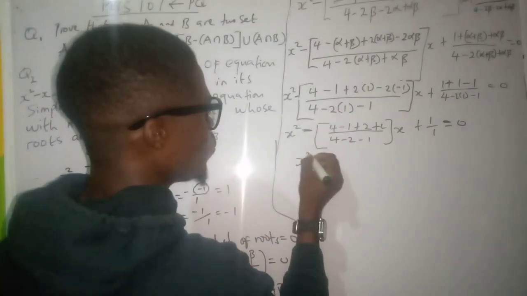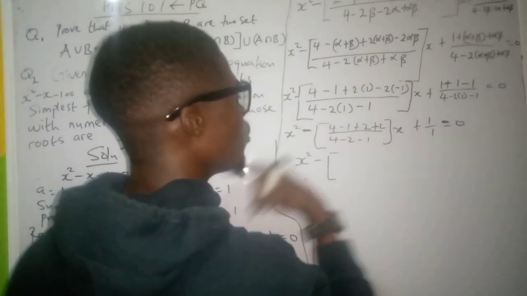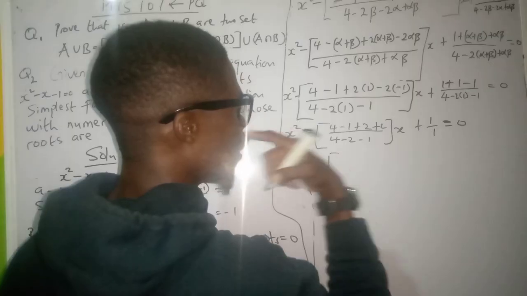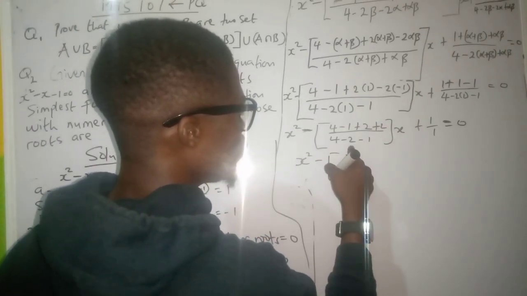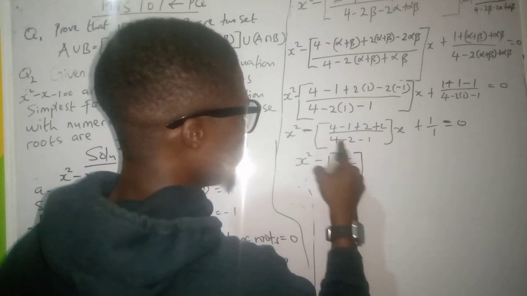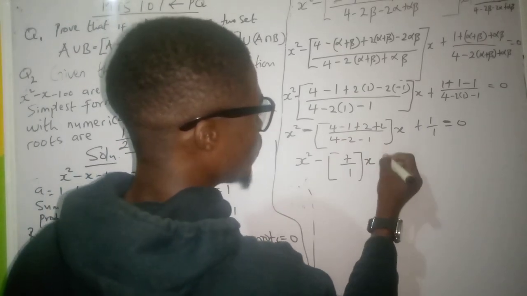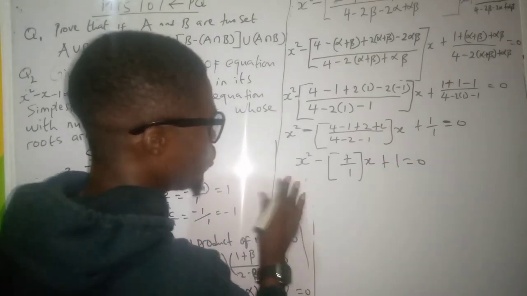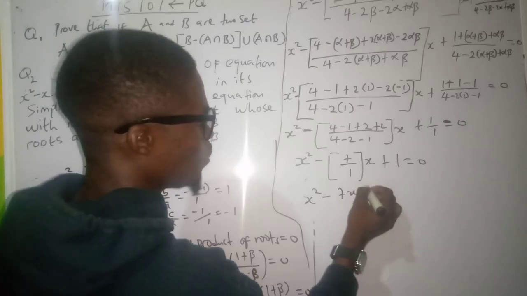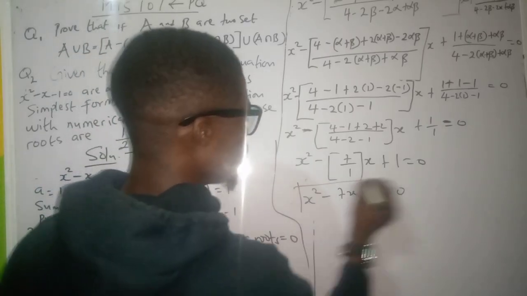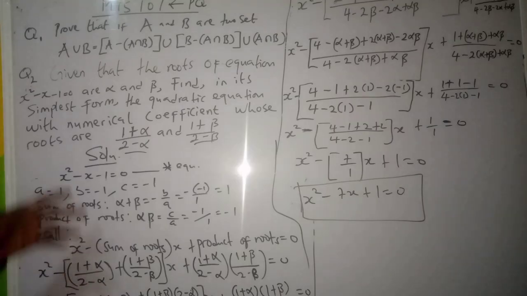So we have x squared minus 4 minus 1 is 3, plus 2 is 5, plus 2 is 7, over 2 minus 1 is 1, x plus 1 equals 0. So we have x squared minus 7x plus 1 equals 0. This is our final answer, the equation they asked us to look for.